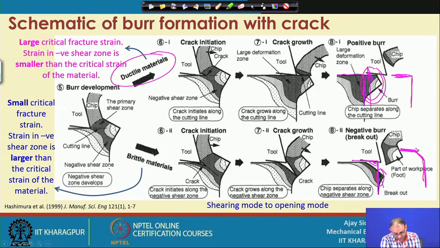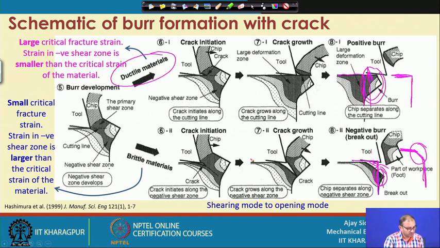If this is a functional requirement, it will create a problem. But if it is not, then your burr removal operation is very, very small, because the burr formation is very small in brittle material compared to ductile material. So your reworking will be less, only if the material removed from this location does not have any functional requirement.